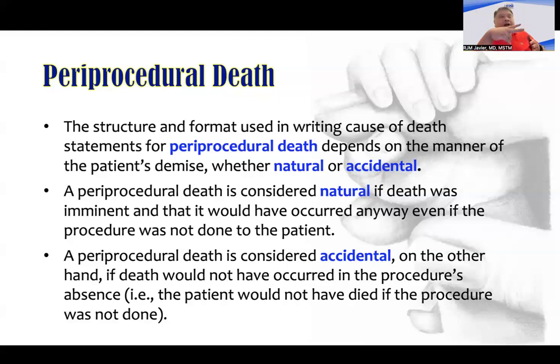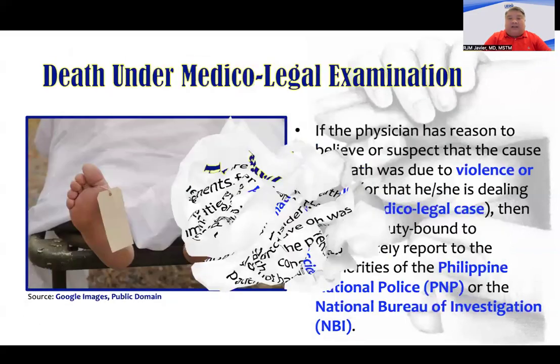But even if you do not perform the surgery, if the patient has DIC and the patient will eventually bleed to death anyway, then that's natural. Accidental happens when the death occurred simply because the procedure happened, and the demise would not have transpired if the procedure was not performed. So that's the difference between your natural and your accidental death.